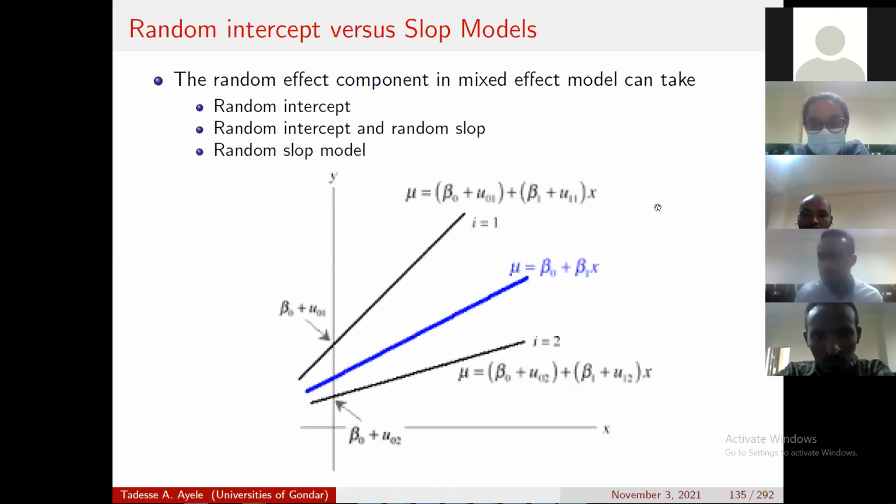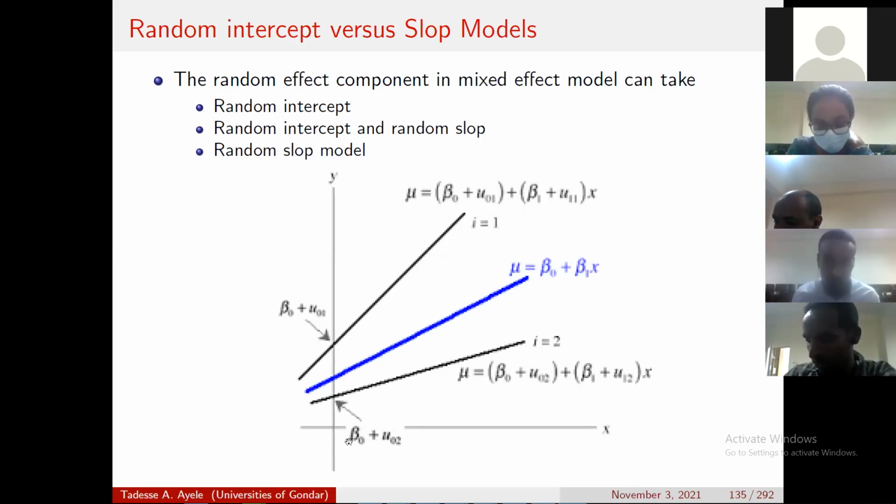So there are 3 lines here. The first one is beta naught plus ui, where beta naught is the fixed intercept and ui is the random intercept.